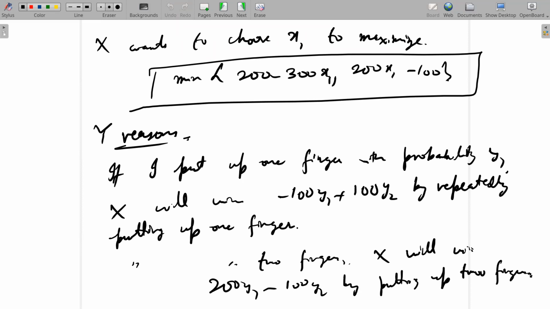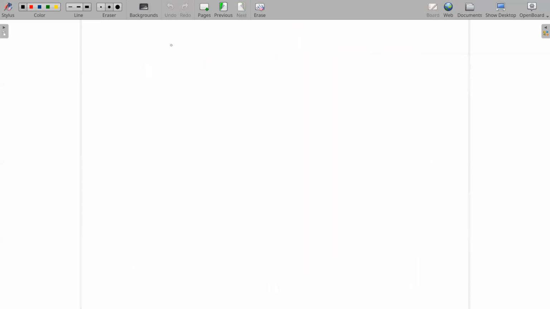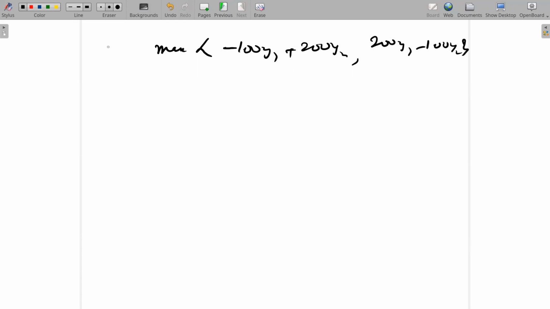So if I do this, you have this maximum. x will make a strategy which will maximize this, minus 100 y1 plus 200 y2 and 200 y1 minus 100 y2. And y wants to minimize this quantity, the quantity y will give.